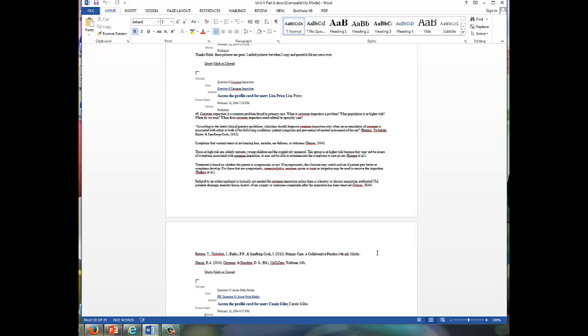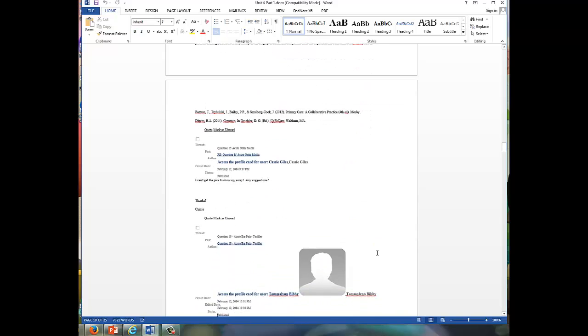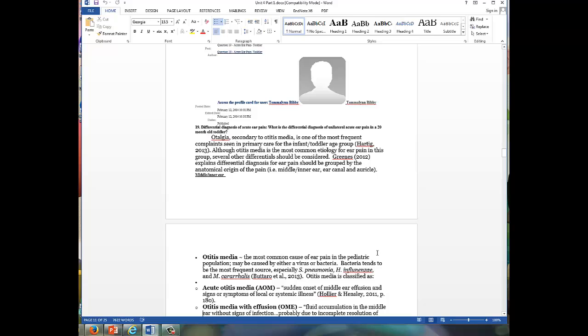You all had a pretty good discussion on this, when to remove the cerumen and when not to, and the general rule, and the student put the quote from Bottaro in here. It's associated with patient symptoms, or you need to assess the eardrum, or they're having some conductive hearing loss because the sound waves can't get to the eardrum.